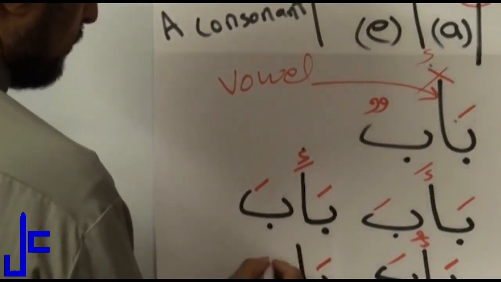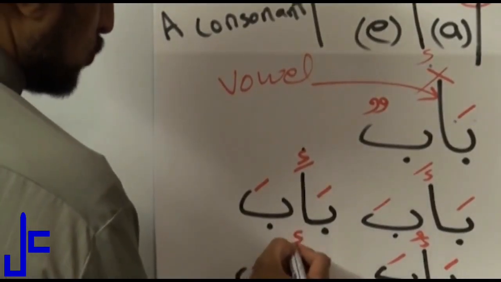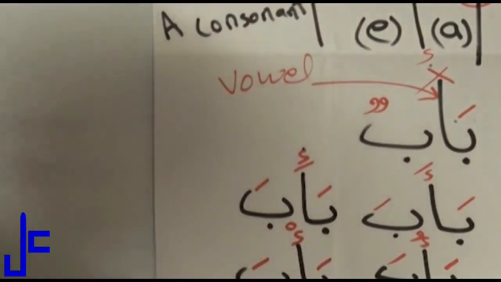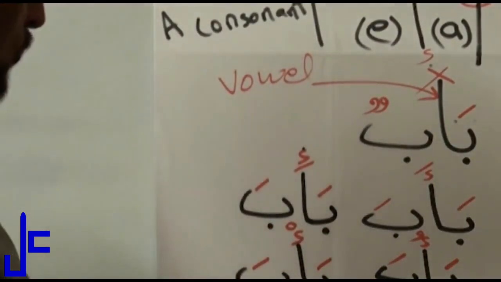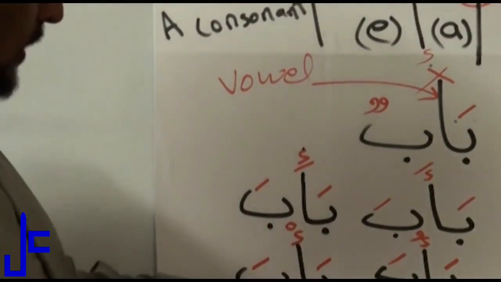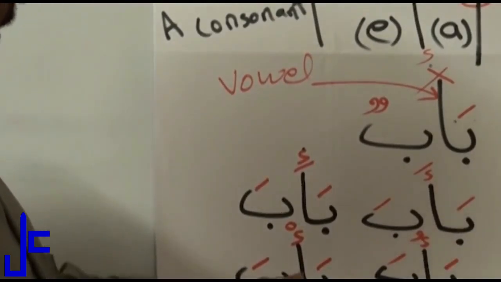We have ba, and let's put a sukoon here on the hamza, because it's a consonant. We can put a sukoon on the consonant. Now let's see. Ba'b.